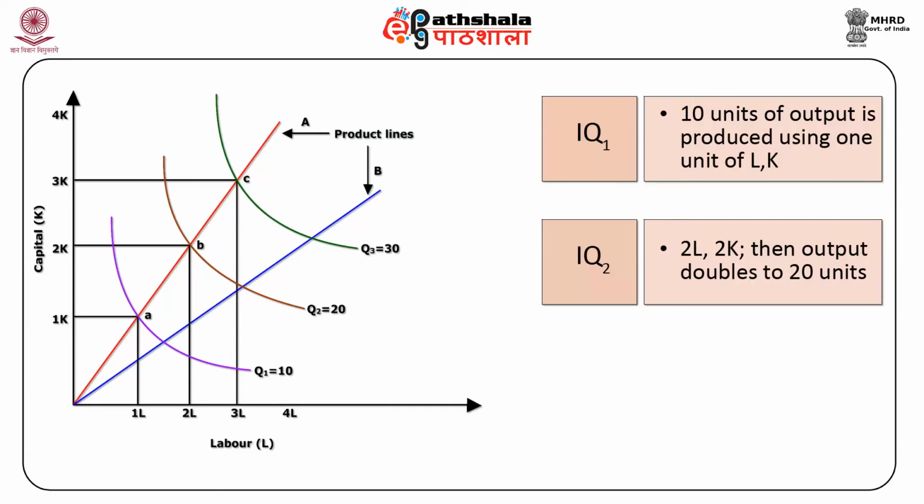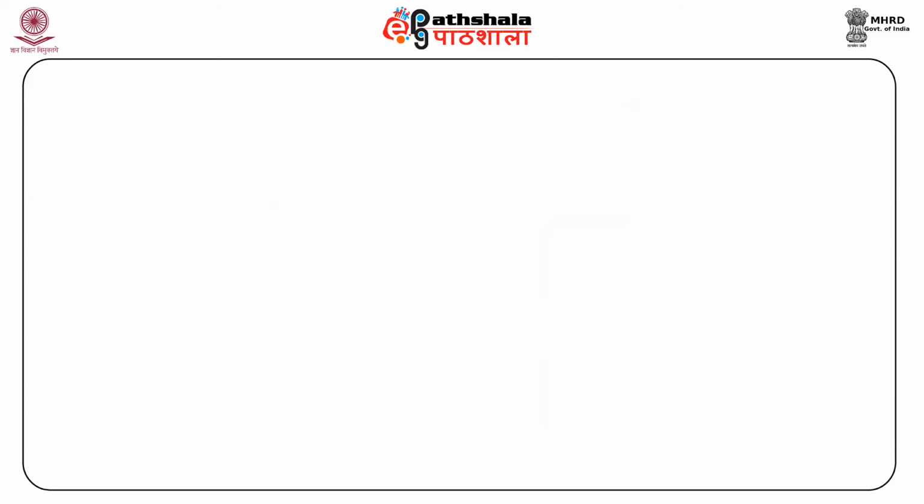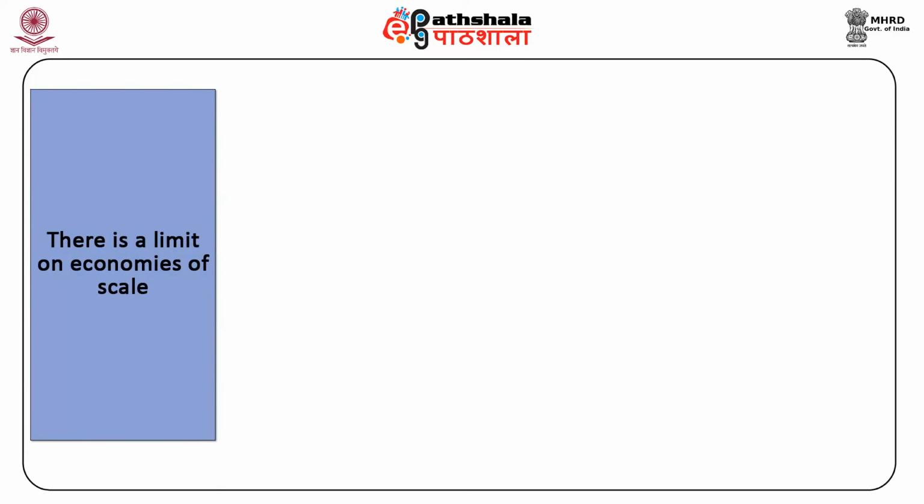Similarly, when the labor and capital were again increased by 1 more unit, then the output depicted by IQ3 was increased to 30. The constant returns to scale happen because there is a limit on economies of scale.